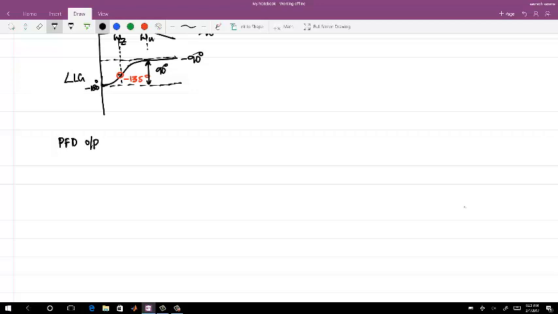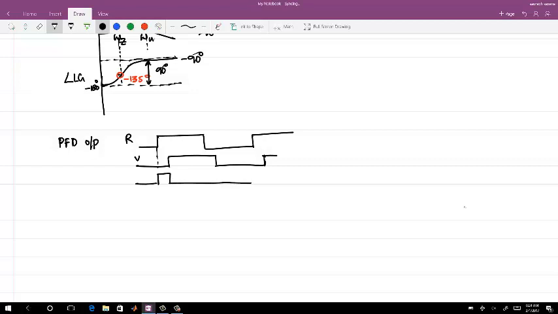PFD output, if we have seen for this, let's say this is your R and this one is your V signal. Now the up signal is this, and ideally the down signal is this.